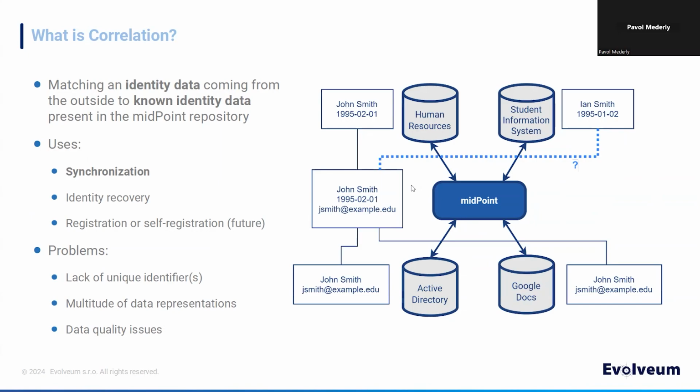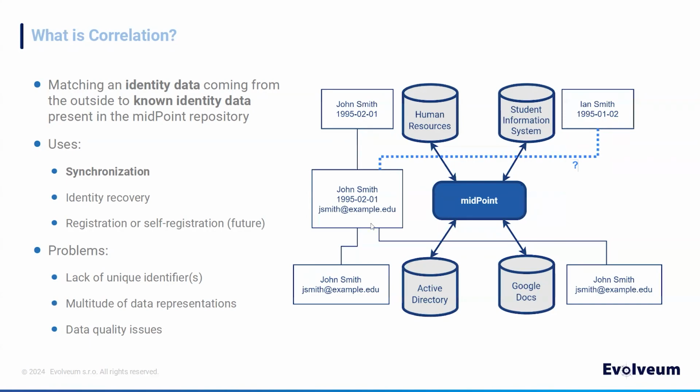It is needed to establish links between identities so that we know, for example, that a particular record in the HR system for John Smith is about the same John Smith as, for example, this record in Active Directory or Google Docs, and even that this Ian Smith here, even with a slightly different name and a mistake in the date of birth, is also the same person.